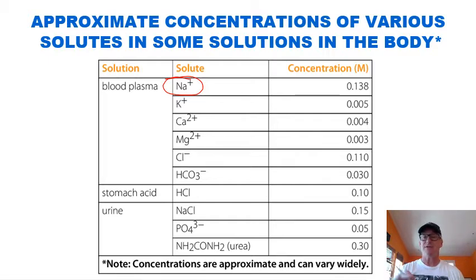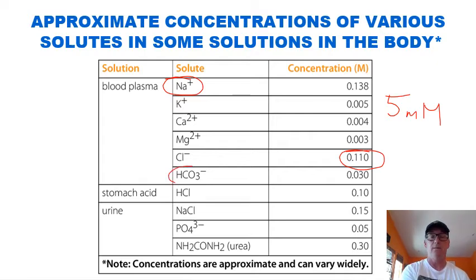Outside the cell, we'll find very low concentrations of potassium at like 5 millimolar. And calcium, magnesium, chloride ion, there's quite a lot of chloride ion in the blood, and bicarbonate ion, which is also used as a buffer to regulate the pH. When we're talking about buffered solutions, we talk about acids and bases in the next chapter.